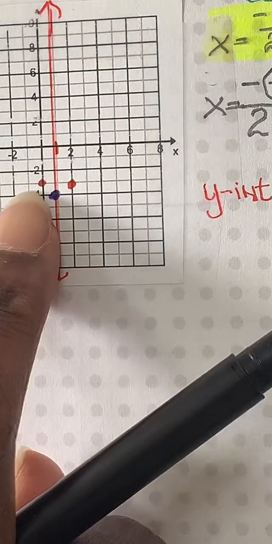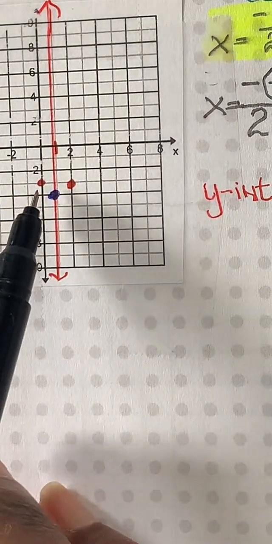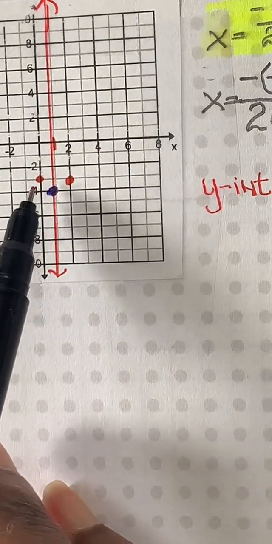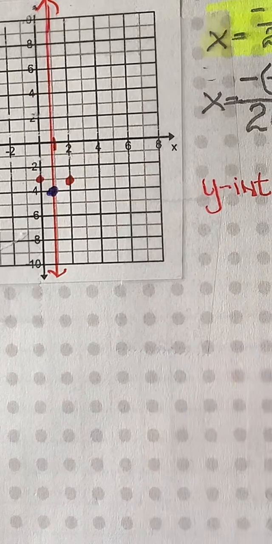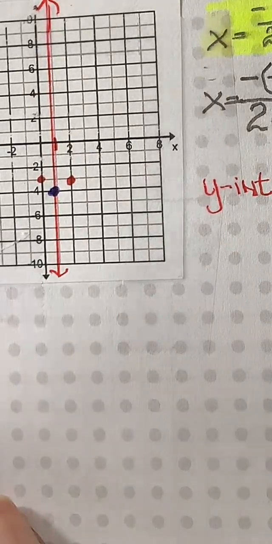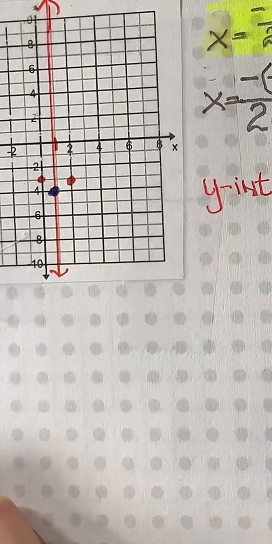Some people say, I just want you to sketch the graph so you can see you're slowly getting a U shape right here. Which way is this U opening up? Is it opening up like a cup or is it opening down like a frown? Put it in the chat.